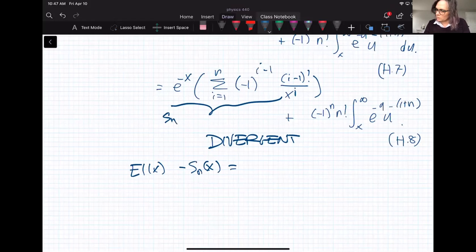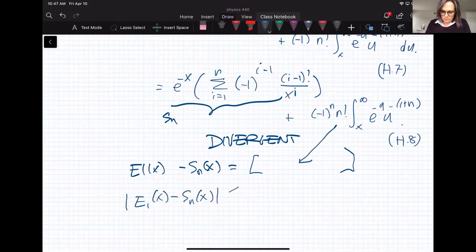So that equals this thing right here. And so E1 of x minus S sub n of x is going to be less than or equal to n plus 1 factorial times the integral from x to infinity of e to the minus u, u to the minus n plus 2 du.